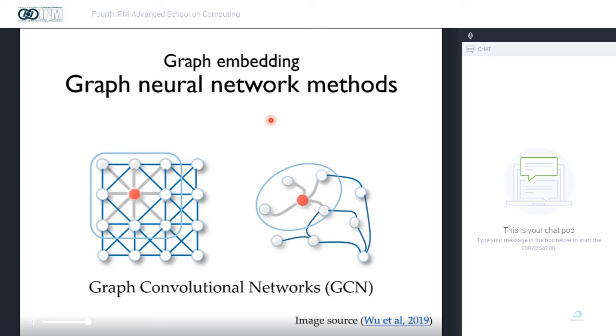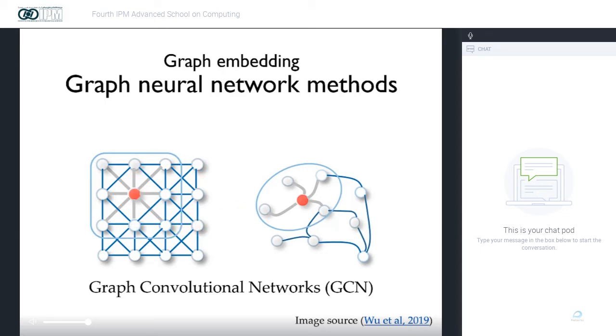Another very popular way of doing graph embeddings is called graph convolutional networks, or GCNs. Again, the basic idea here is very simple. You try to compute the embedding for the target node by looking at the embeddings of the neighboring nodes. And in turn, you try to embed each node in the neighborhood by looking at its own neighboring nodes and by trying to aggregate those embeddings.